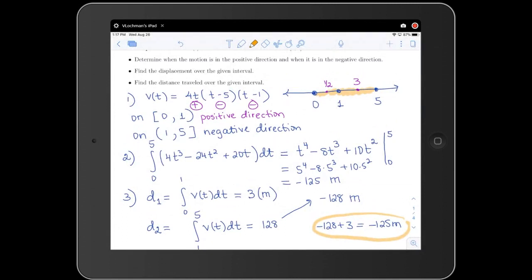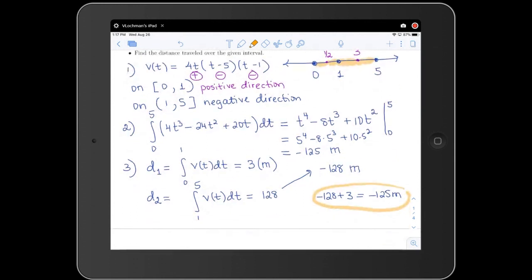So what is the total distance traveled? We didn't answer that question yet. Total distance is the absolute value of the integral of v of t. So what would be the number here?